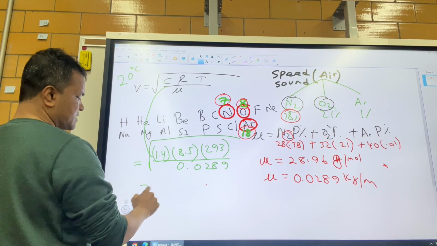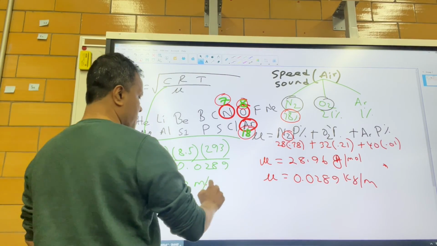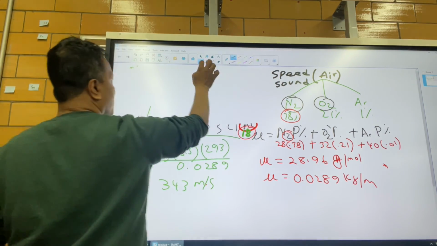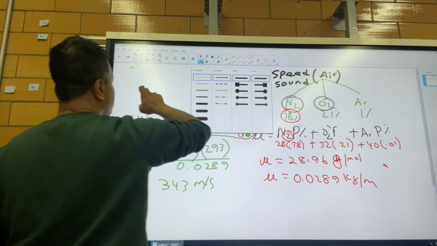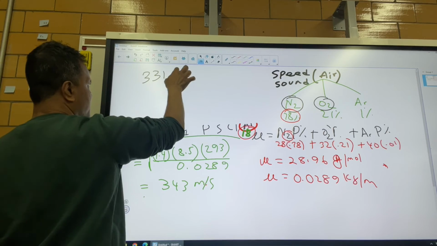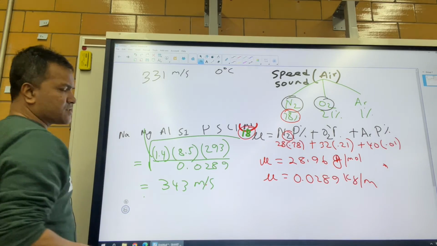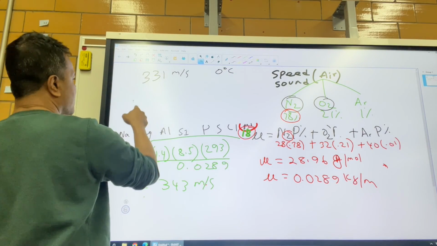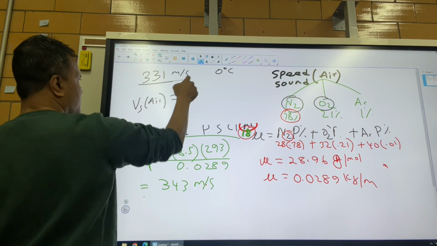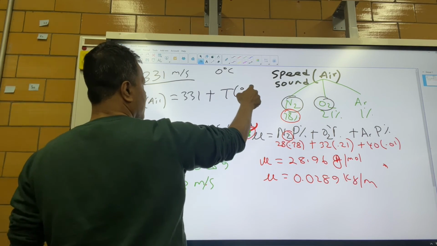If you calculate this, it is going to give you 343. However, your reference table is going to give you something different. Your reference table is probably going to give you 331 meters per second. Well, this is at 0 degrees temperature, but at 20 degrees temperature or at any temperature, how can you find it? Velocity of sound in the air would be 331 plus 0.6 times T in Celsius.